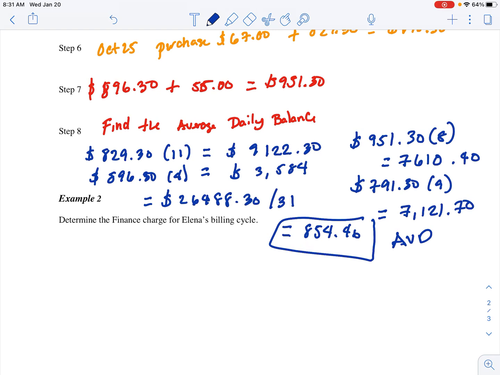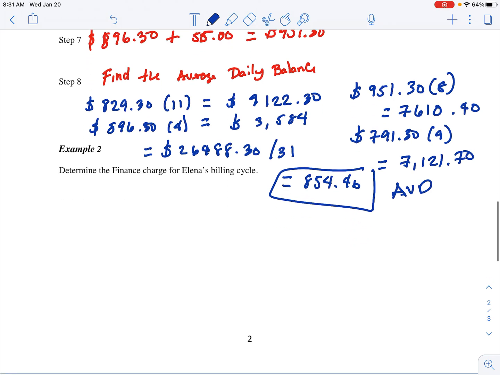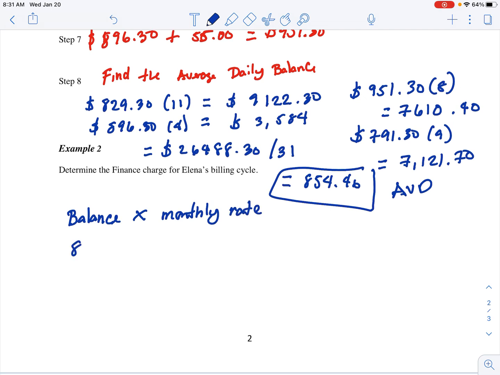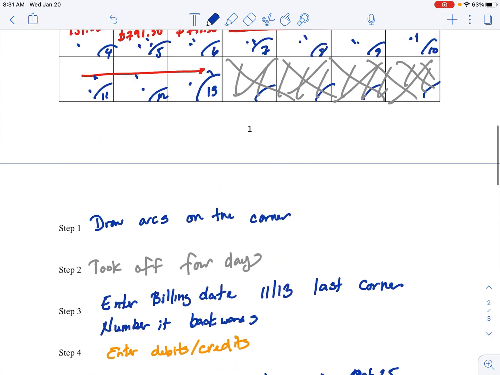All right. So that leaves us part 2. Define the finance charges for Elena's billing cycle. Okay. So what we're going to do is we've got the balance. We're going to take our balance times the monthly rate. So we have our balance of $854.46 times, what's our interest rate?